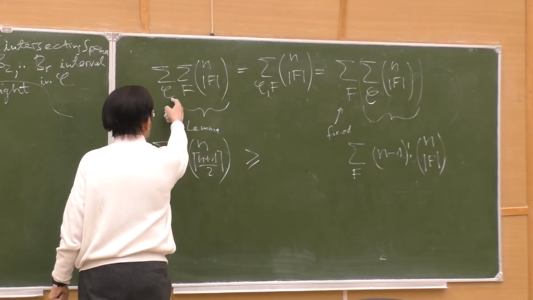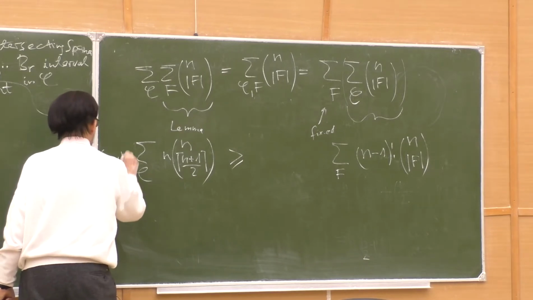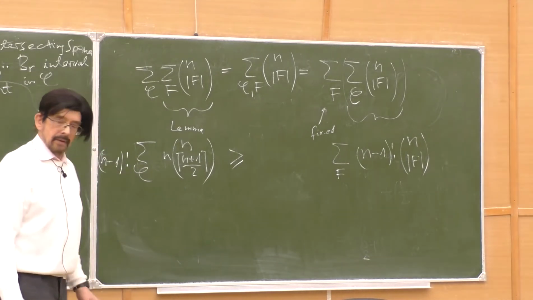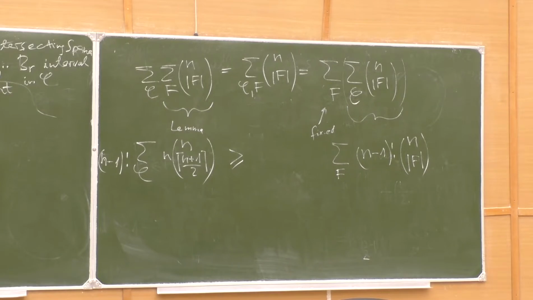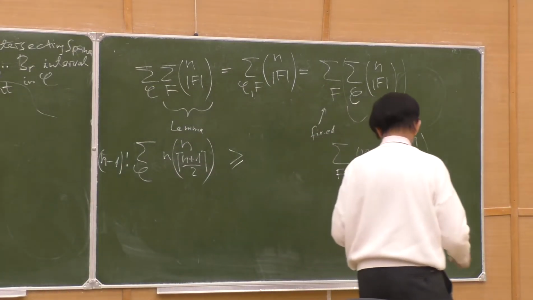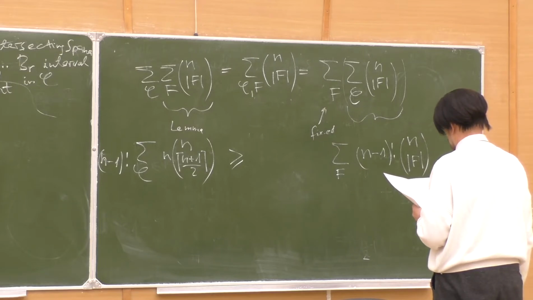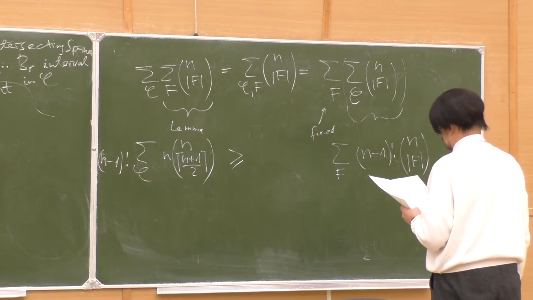Of course, now we have to multiply this by n minus 1 factorial. Something is not clear.